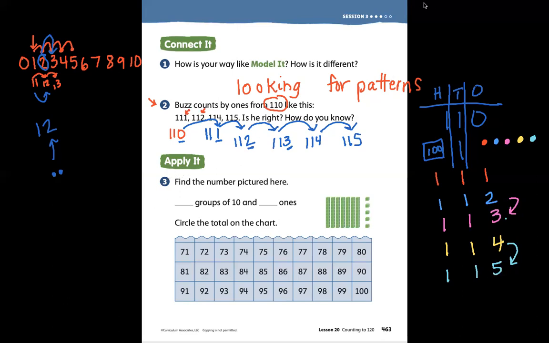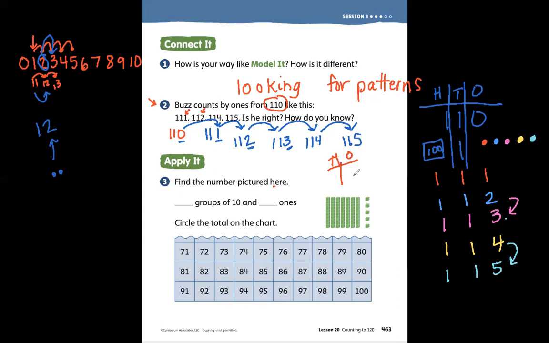Problem number 3 says, apply it. Find the number pictured here. Blank groups of 10 and blank ones. So let's just draw our tens and ones.